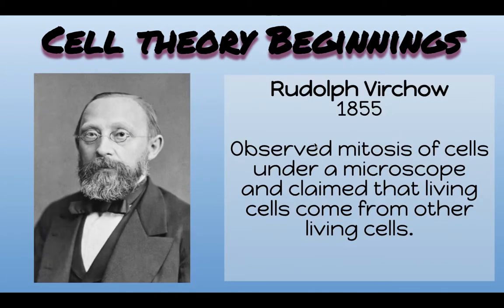Then, closely after, in 1855, Rudolph Virchow, a German physician, observed mitosis of cells under a microscope and claimed that living cells come from other living cells. This was wildly important because previously people thought that cells could come from non-living things. They thought fleas came from the sand and all sorts of things that we know not to be true today.